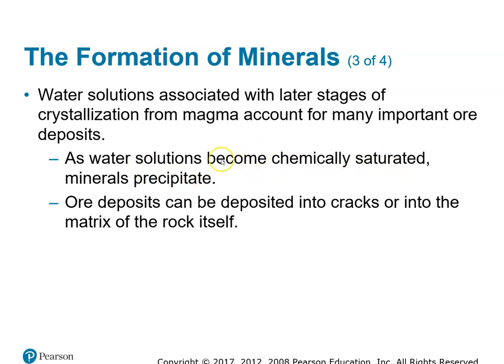In other words, if you have something that dissolves, when it's saturated, it means no more mineral can dissolve in that water. Right, and so it's saturated. That's what it means to be saturated.